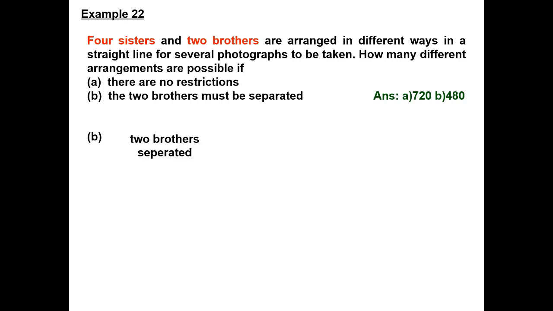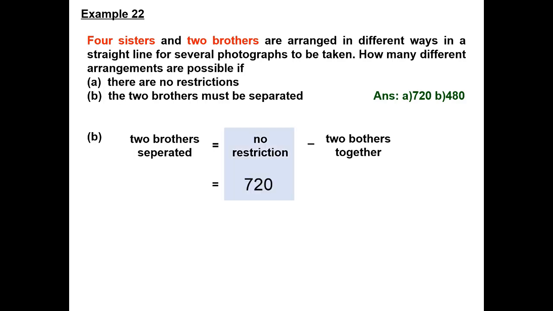For solution B, we want to find the permutation when the 2 brothers are separated, which is equal to the permutation when there is no restriction minus the permutation when the 2 brothers are together. The permutation with no restriction is the answer from A, which is 720.